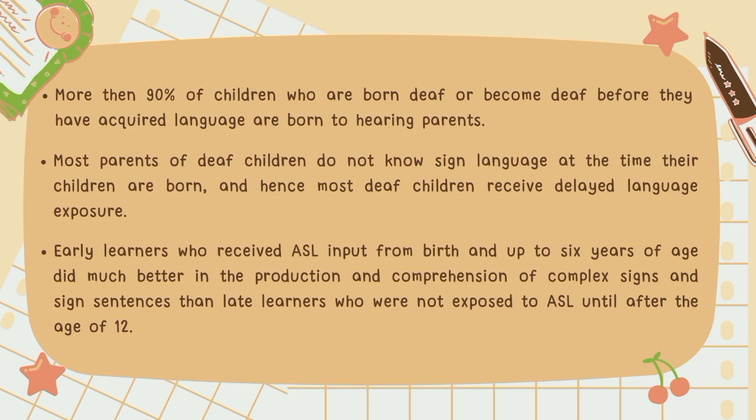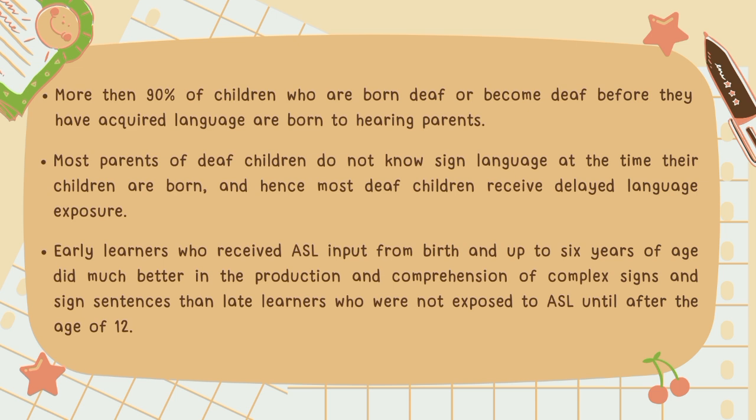Now, research shows that deaf children who are exposed to American Sign Language, or ASL, from birth to age 6 perform much better in understanding and producing complex signs and sign sentences compared to those who begin learning ASL after the age of 12.